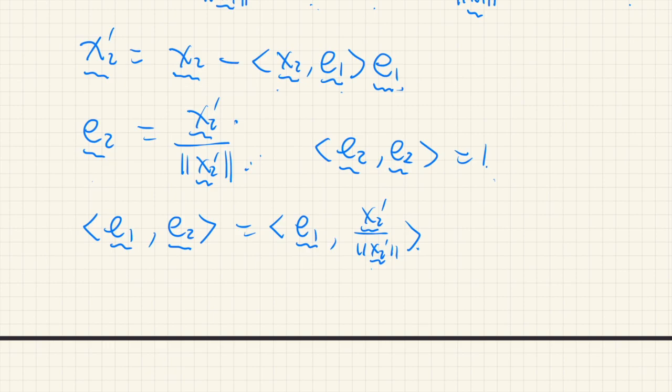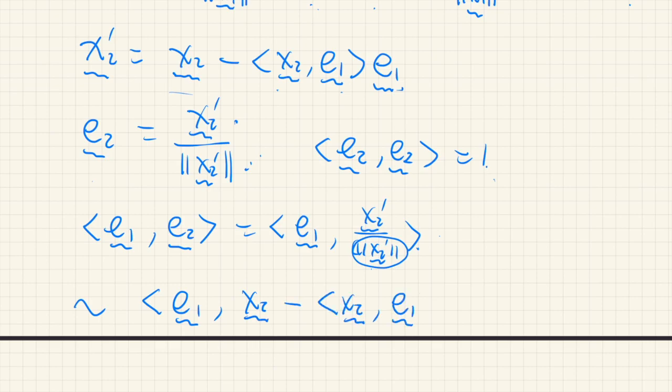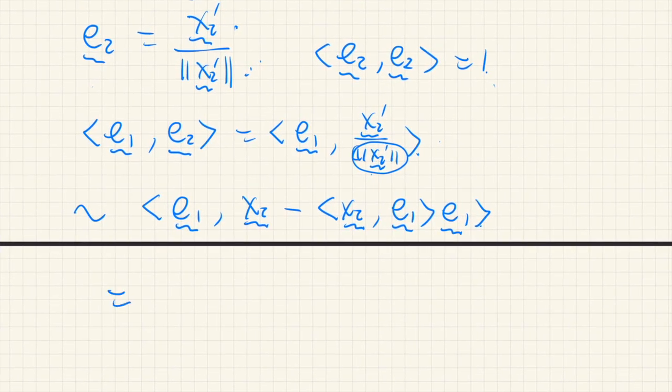We are interested in whether this is 0 or not, so just ignore the constant and use x2 prime. So this is similar to e1 and x2 minus the inner product of x2 and e1 times e1.